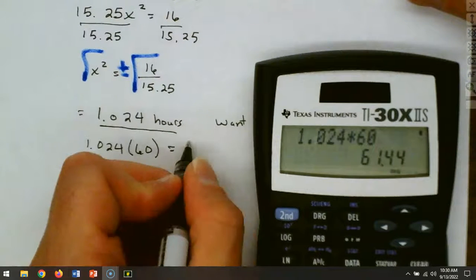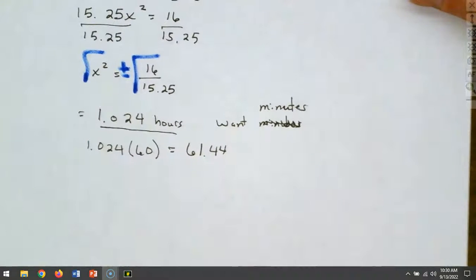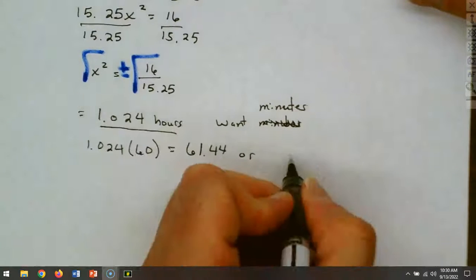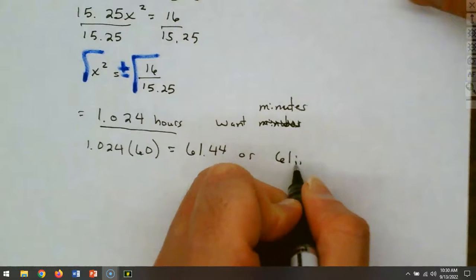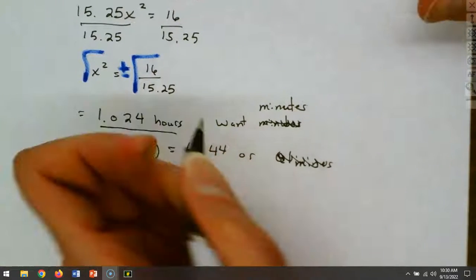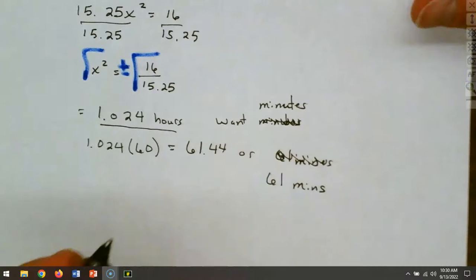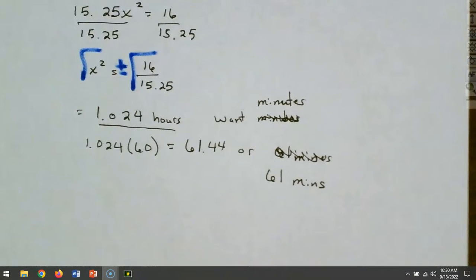And that is then 61.44, or about 61 minutes. Let me write it out right. So that's going to be your answer there, 61 minutes. So it should be about 61 minutes that they can continue to talk for.